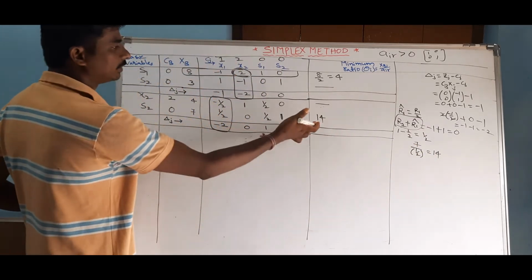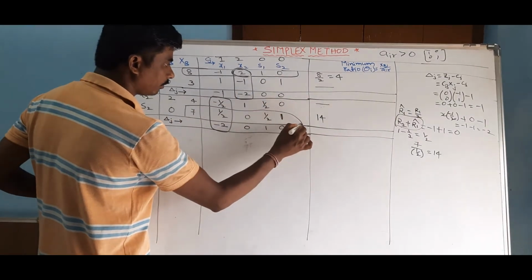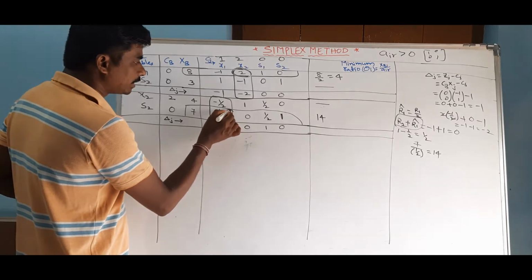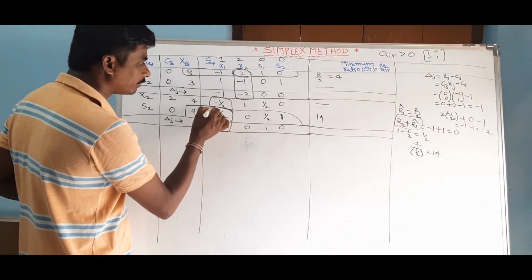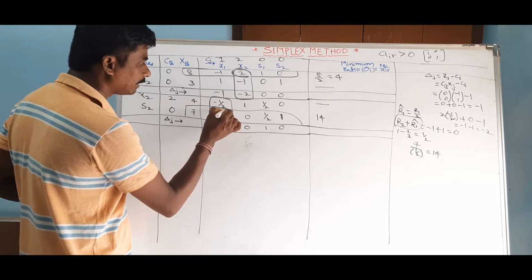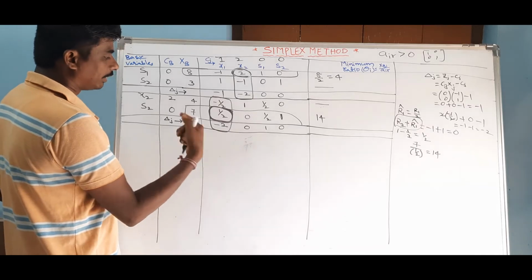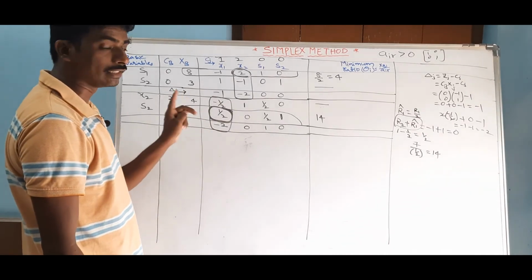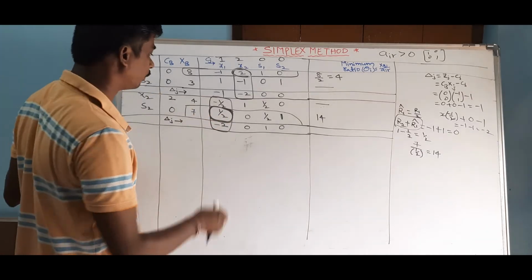Okay, right, this is the minimum ratio. This is the pivot or key element, with two boxes around it, this term.